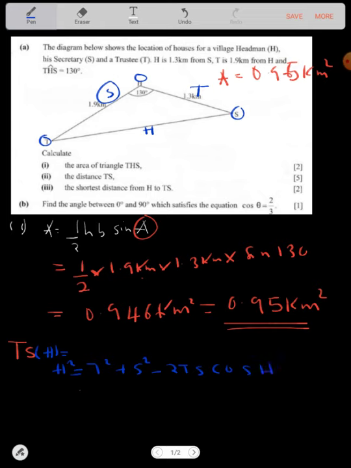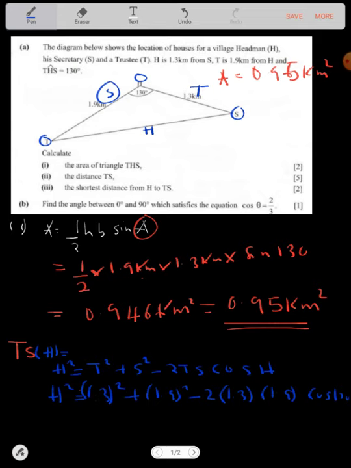So this is the formula that we're going to use. Now H squared is what we are looking for. T squared is just 1.3 squared, plus S is just 1.9 squared, minus 2 times 1.3 times 1.9 times cos 130. That's what you say.